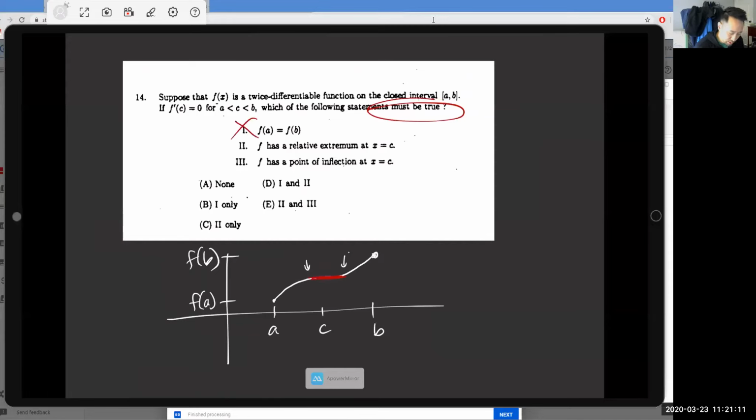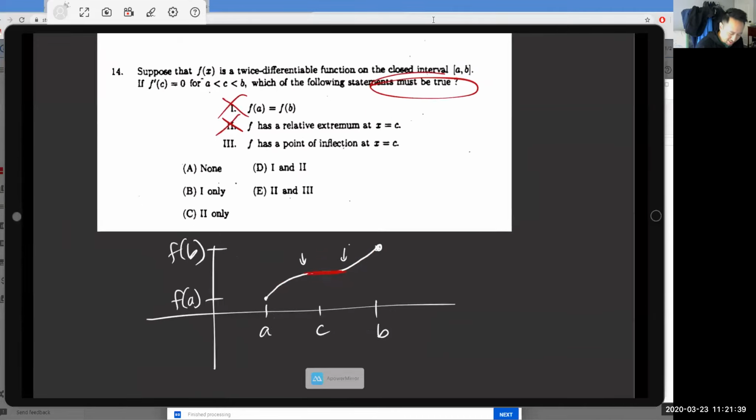Number 2, f has a relative extrema at x equals c. The way I drew the graph, this curve goes like this. There's definitely a horizontal tangent at c, but it's not a relative maximum or minimum. So 2 doesn't have to be true. And then number 3, f has a point of inflection at x equals c. Now I purposely drew this at c longer than just one point.